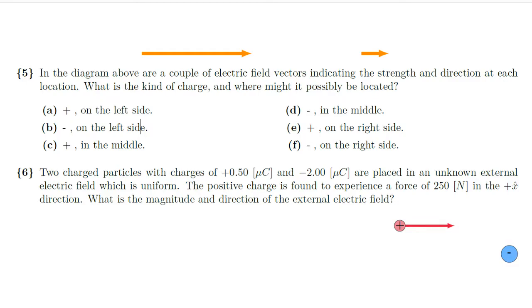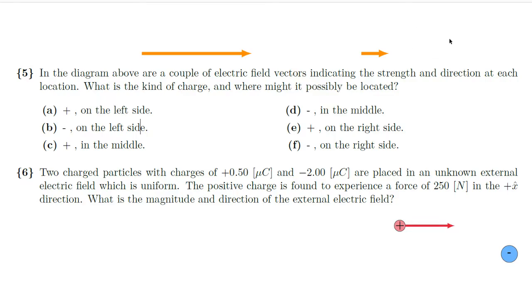So you think it's the far left because fields are stronger closer to charges. That's a true statement. In this diagram, the directions indicate two possibilities, because you can either put a positive charge over here or a negative charge over here, and both make sense, since it's either away from positive or towards negative.